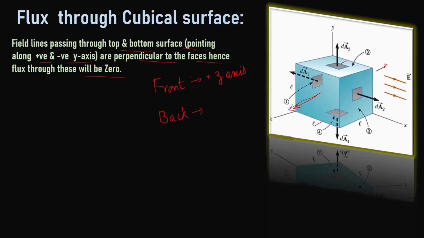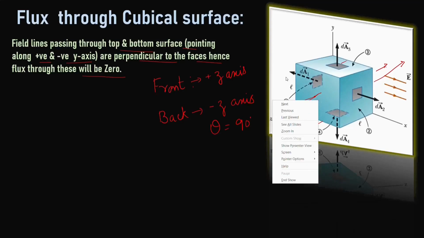And for the back portion, similarly, it will be pointing along the negative z-axis. So these are the directions associated with the area of the planar faces: positive z-axis and negative z-axis for the front and the back portion. Again, the angle between the electric field and the area vector becomes 90 degrees, so the flux associated with the front portion and the back portion again becomes 0.